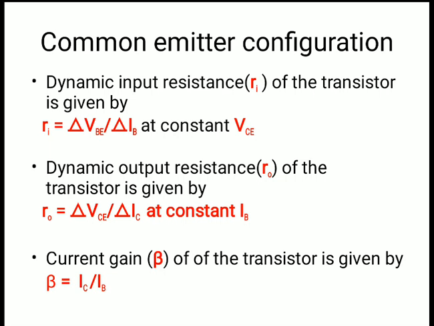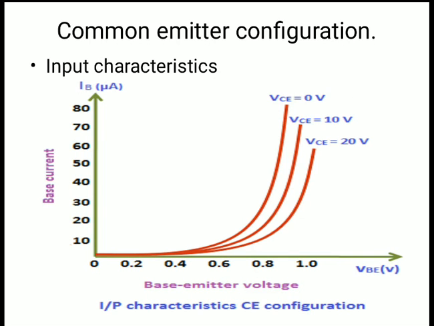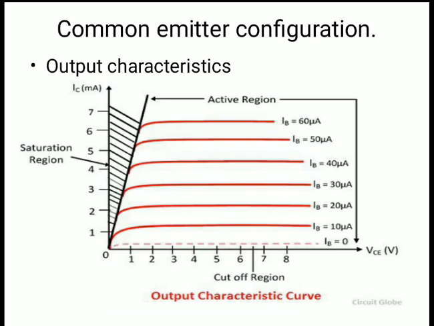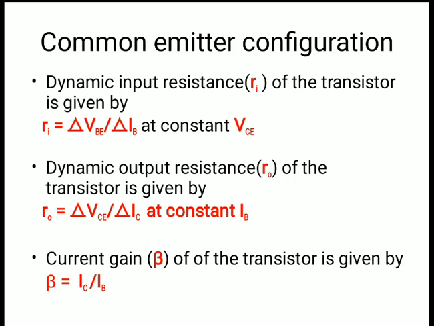Again, there is dynamic input resistance and dynamic output resistance. For the input resistance, we have the input voltage and the input current at constant VC. Ri is del VB upon del IB at constant VC. As I told you earlier, del means a change in the B voltage between two intervals, not the B voltage at that instant.